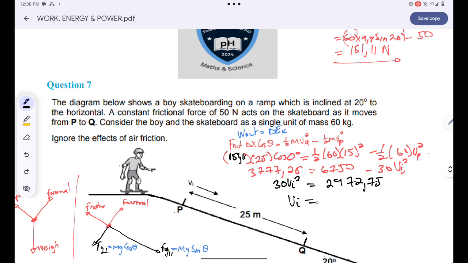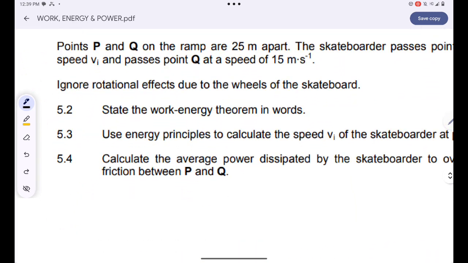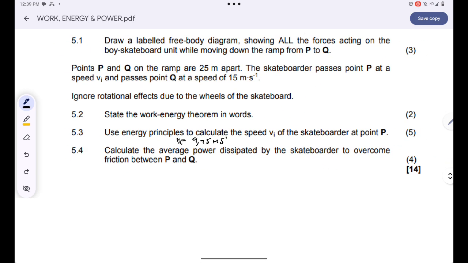I'll get Vi squared to be equal to 99.0916667, and then square root on both sides. That's 9.954 meters per second. Just round off to 2 decimal places. So the speed at position P, that's 9.95 meters per second altogether.